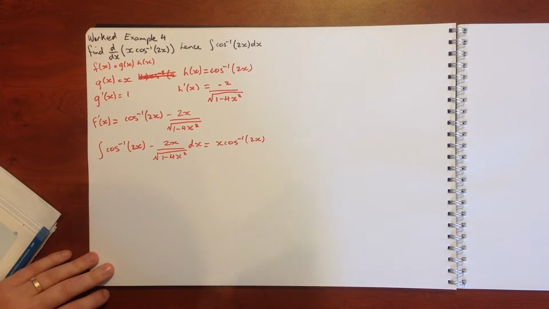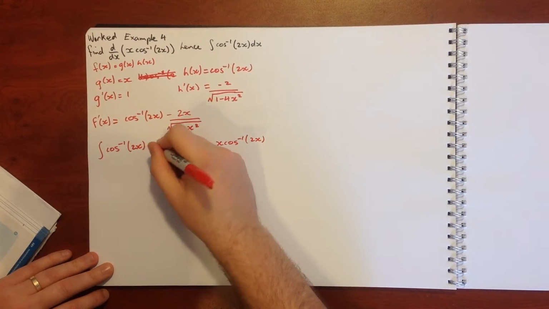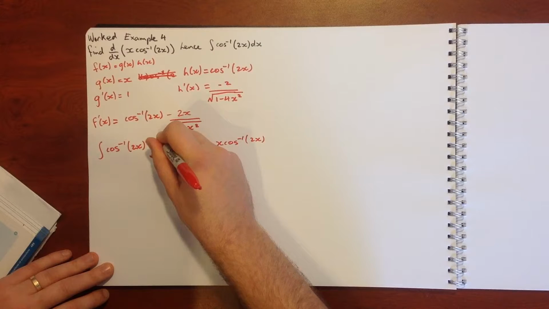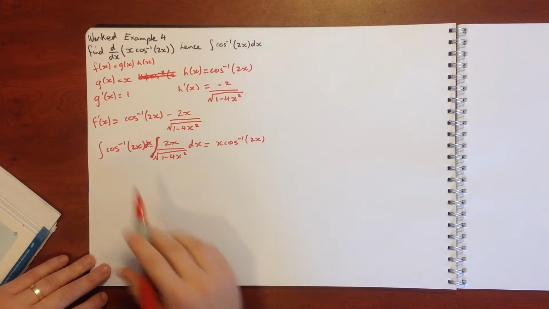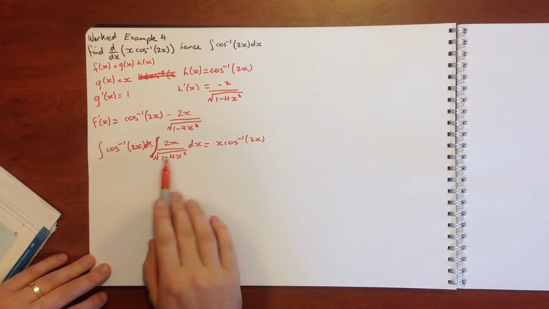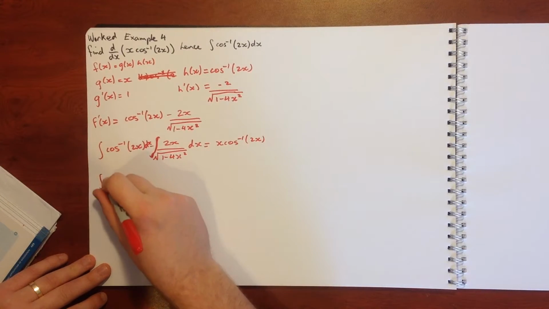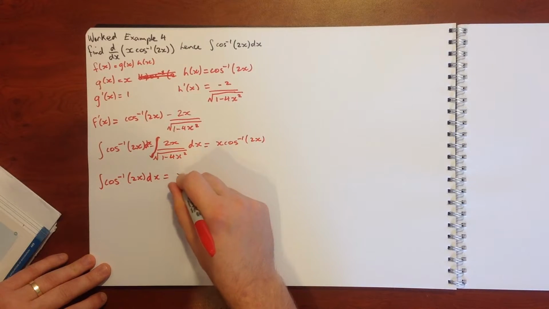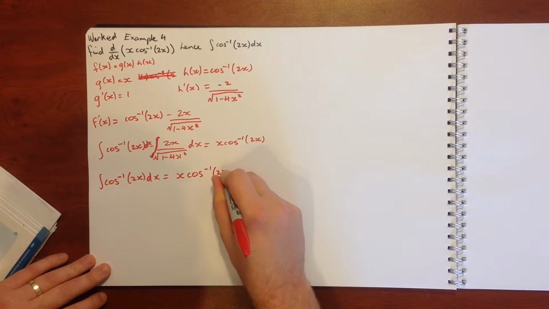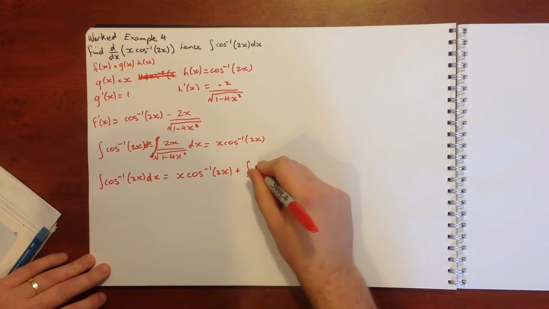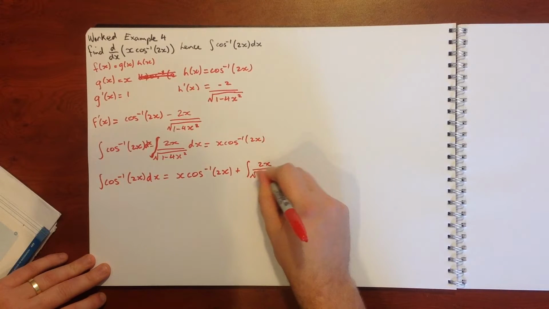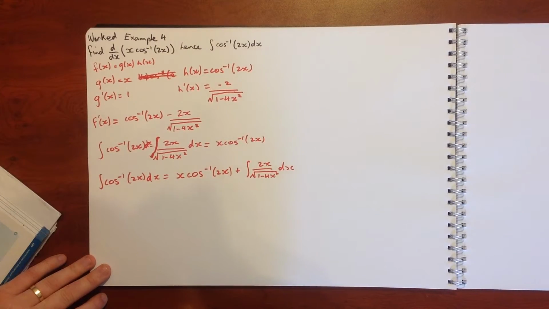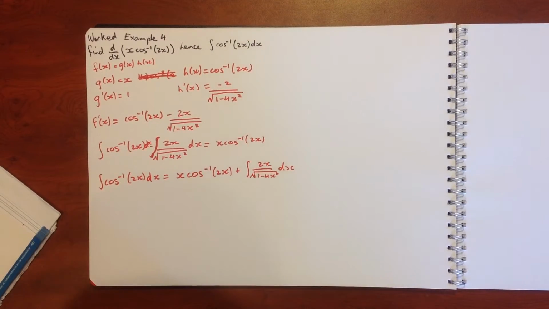Anyway, we could split this up and really say that we're going to take away our integral of that part, so we can add it across and say, well, our integral of the inverse cos of 2x dx equals x times the inverse cos of 2x plus the integral of 2x over square root of 1 minus 4x squared dx. Okay, so we're getting there now. We're getting to something that we want.